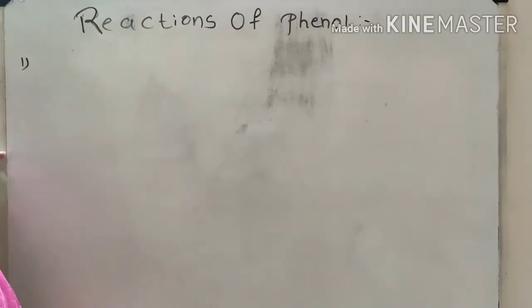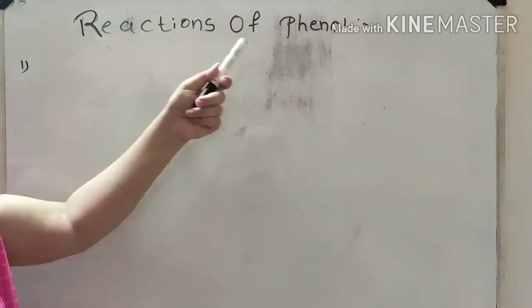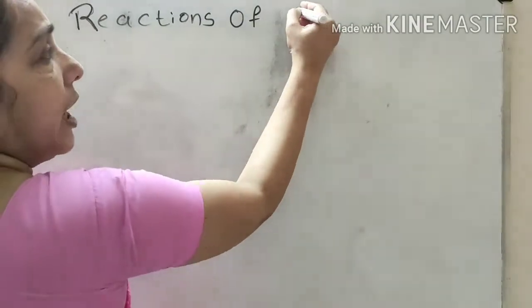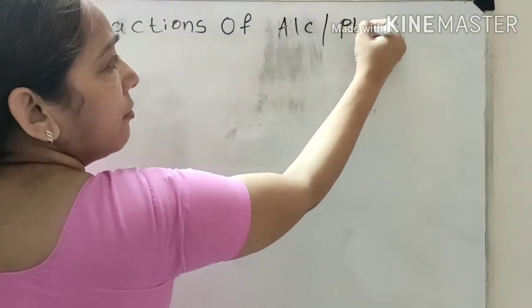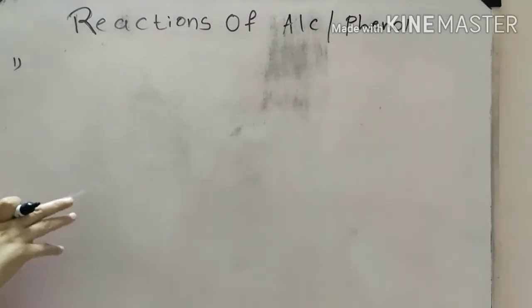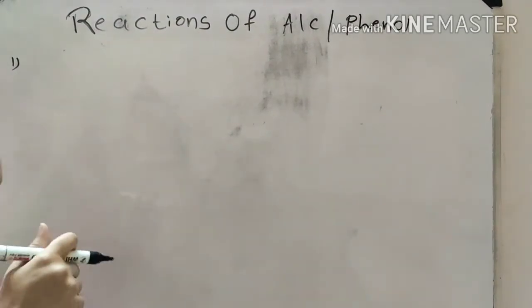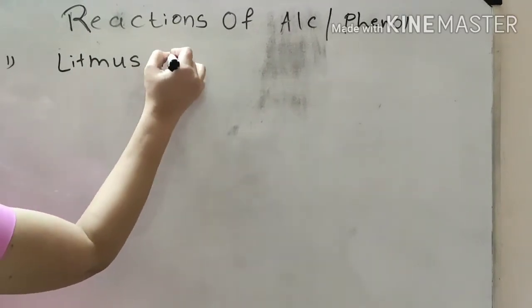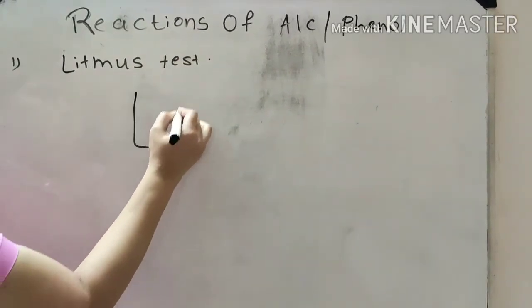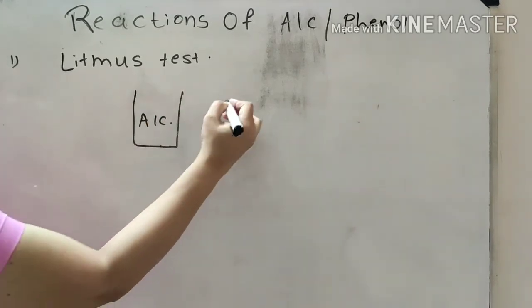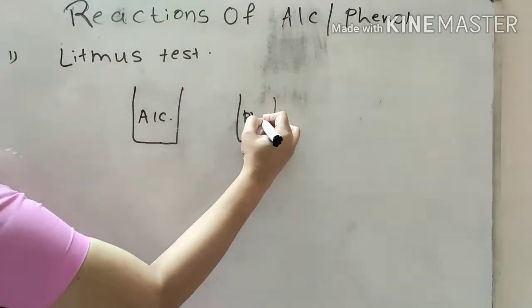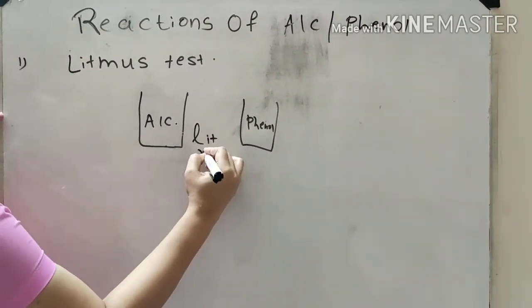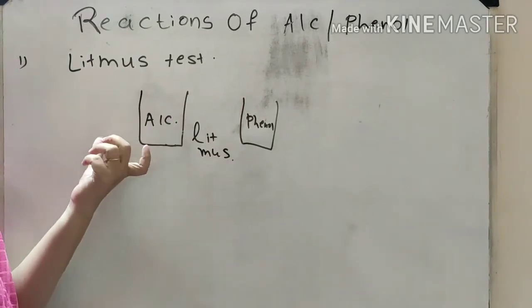Okay. After the preparation of phenol, we will start with the reactions of alcohol and phenol. So let us start with the first one, the litmus test. Suppose in one beaker alcohol is there, in a second beaker phenol is there, and we test with litmus paper, then what will be the result?